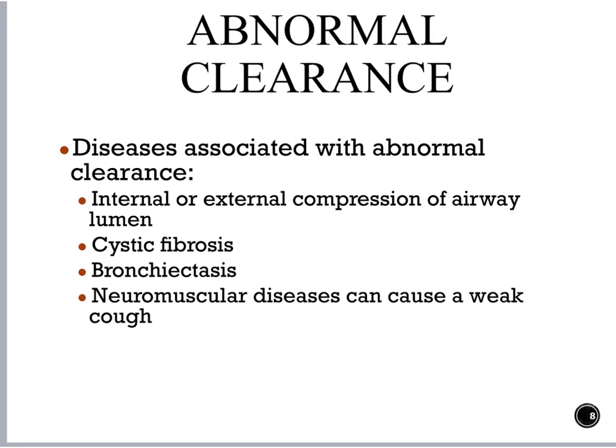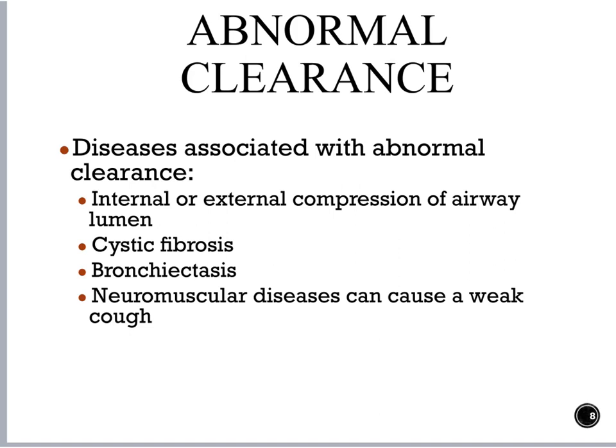Cystic fibrosis is a huge need, and it starts when they're babies all the way through to adults. They have a huge need for us to give airway clearance. Bronchiectasis. Since you haven't gotten to bronchiectasis yet, it is permanently dilated and damaged airways. Because they're dilated and they tend to be more floppy, they're prone to be obstructed due to retained secretions.